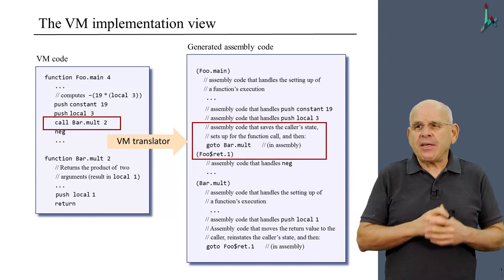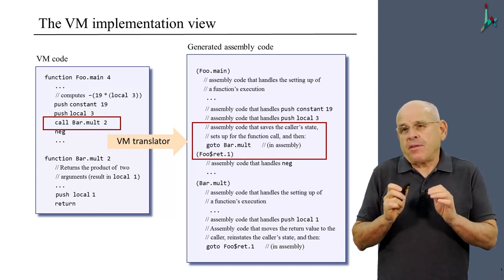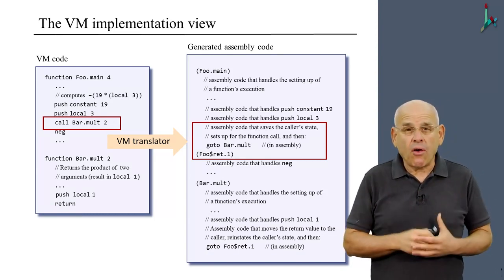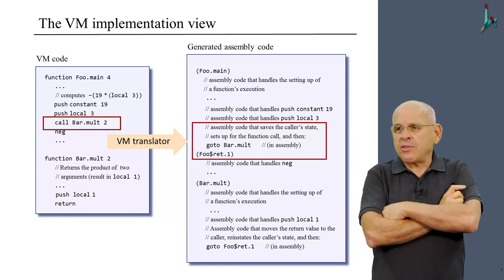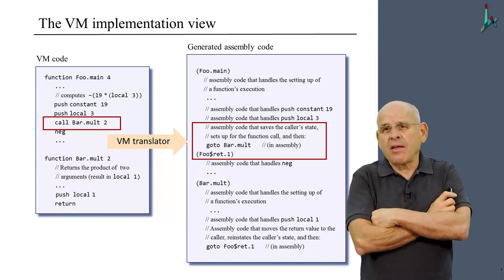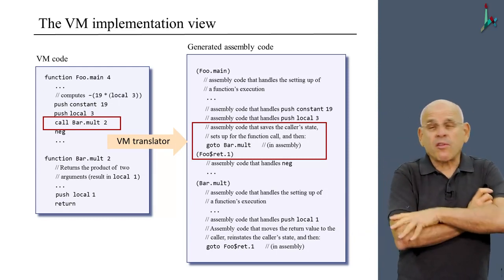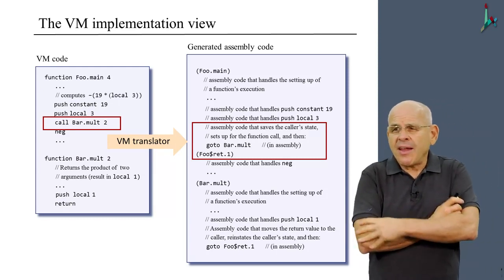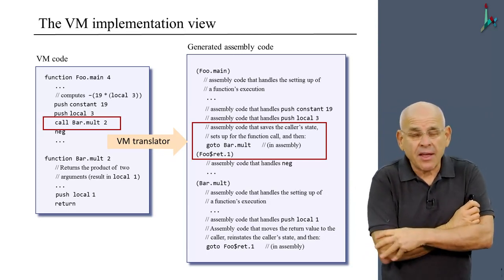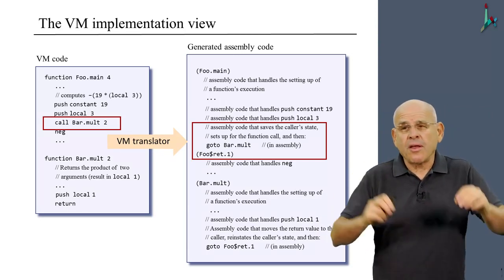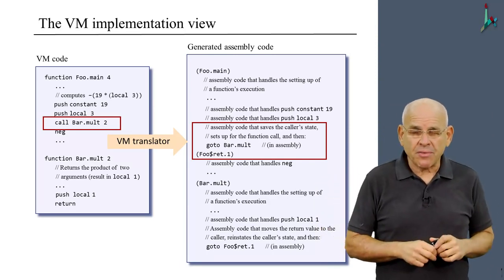Now, the big picture is that the VM translator is going to generate code that, reading what is written here, is going to save the caller's state, the state of the Foo.main function. Then it's going to do a few more things to set up for the function call. And finally, it's going to say, go to the name of the function.